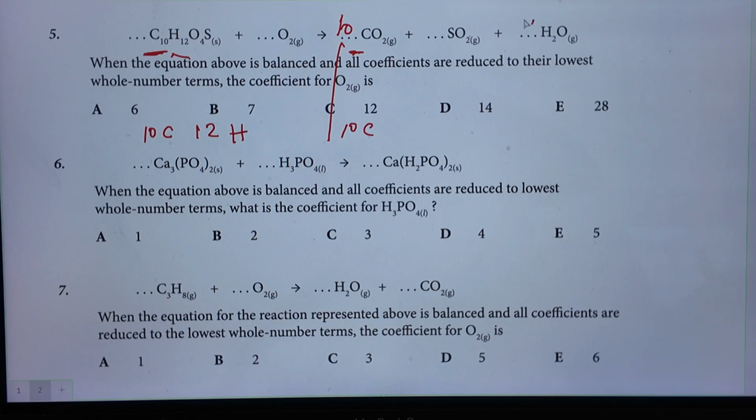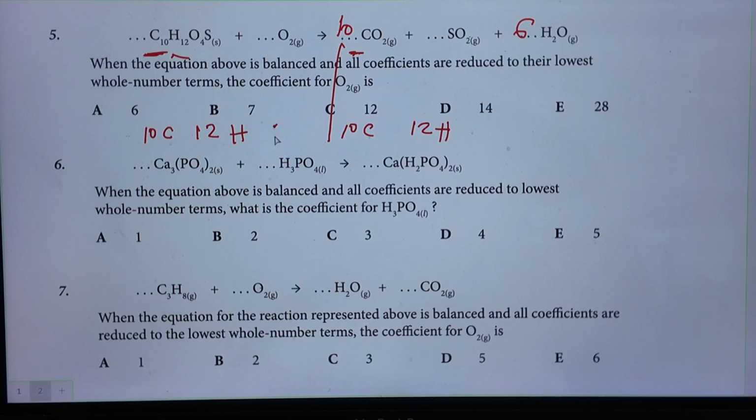So I would need 6 H2O to make 12 hydrogen here, right? There's no other hydrogen on this side. And then sulfur, I would have 1 here, so 1 sulfur, and 1 sulfur here.